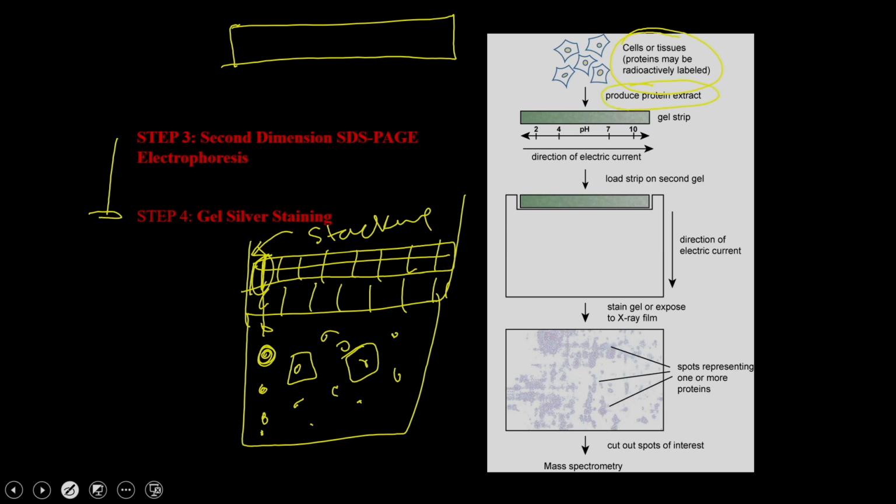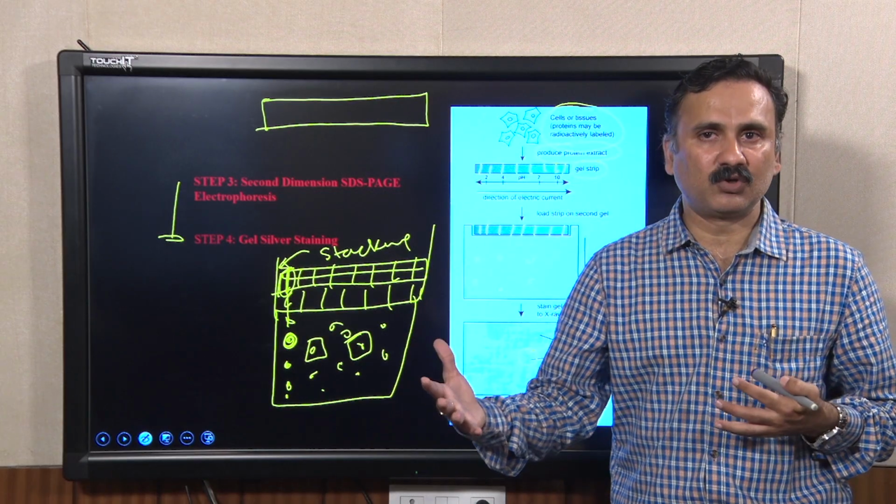First you run this extract onto the IPG strips, and that will resolve them in the form of bands onto these strips, and then you load this strip onto the SDS-PAGE. So, each band is now going to be resolved into individual spots, and that is how you are going to get 1000 to 2500 different spots, and these spots can be cut out from the gel and used for downstream applications like protease treatment and mass spectrometry.